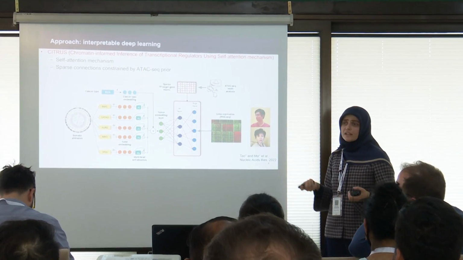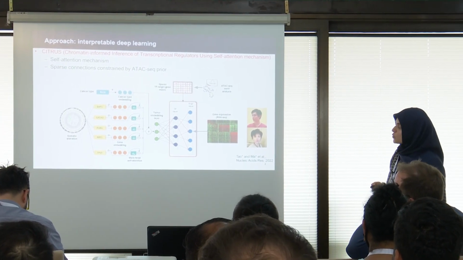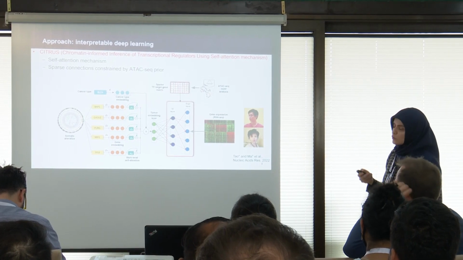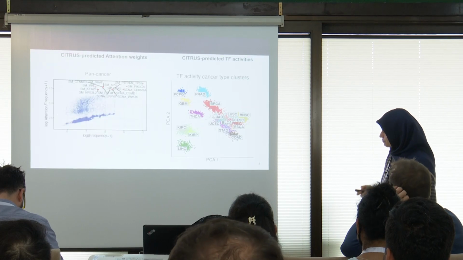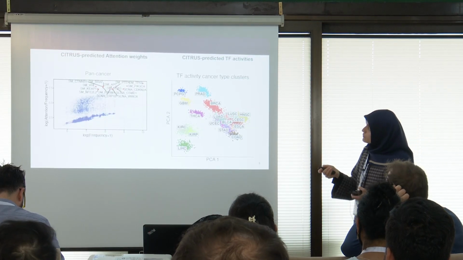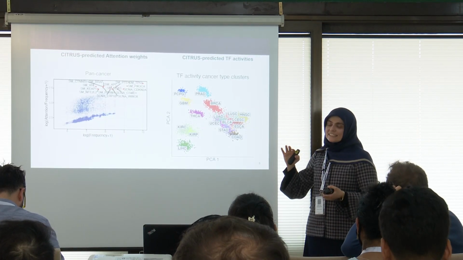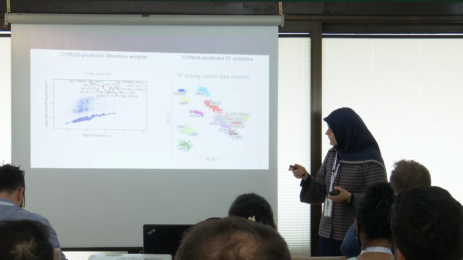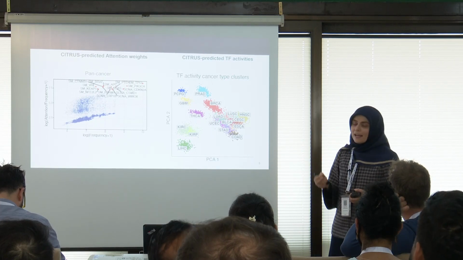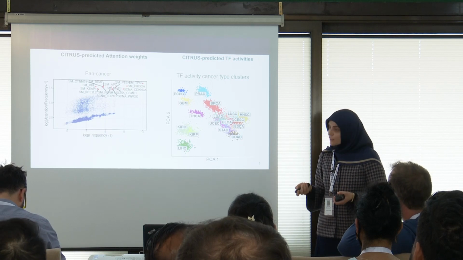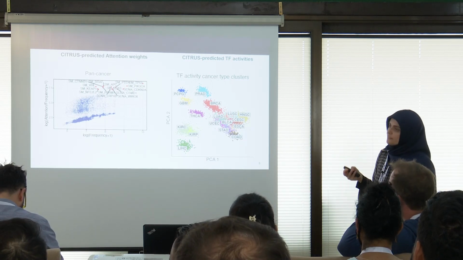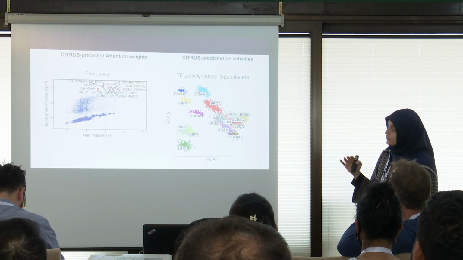Let me show you how we use these two outputs from this model to better understand the impact of somatic alterations. In this figure, I'm showing you the predicted attention weights from the model on the y-axis and the frequency of those somatic alterations on the x-axis. You can see that there is a correlation between attention weights and frequencies.